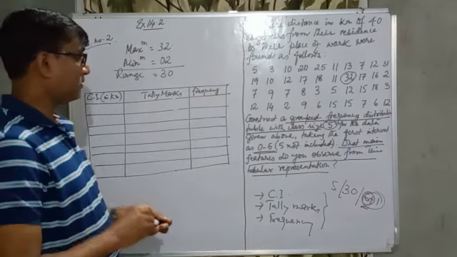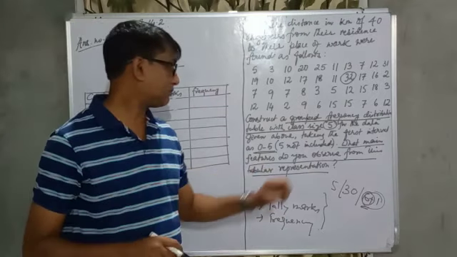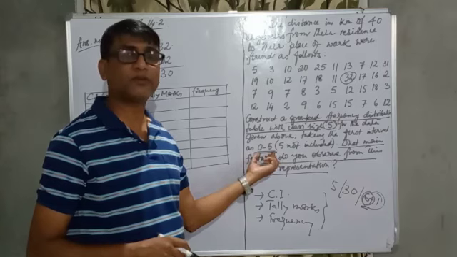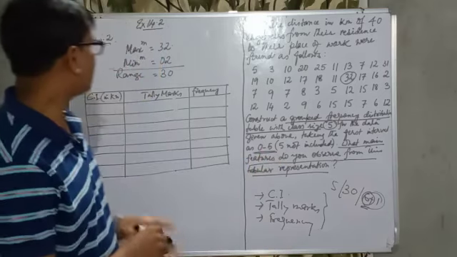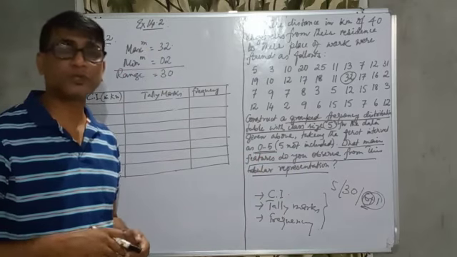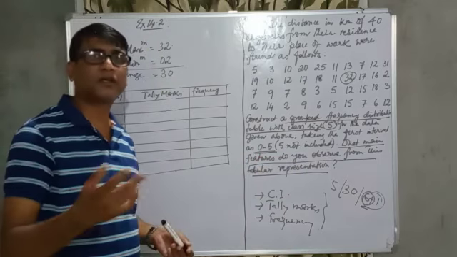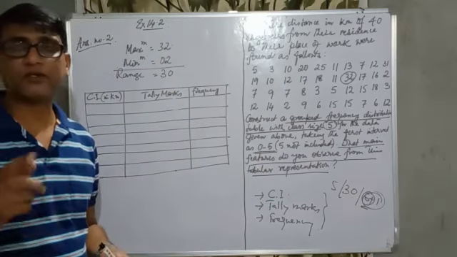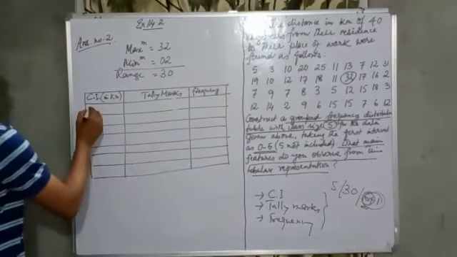Now see, if it is not given that the first interval is taken as 0 to 5, from where will we start? We will start from the minimum. The minimum is 2, so before 2 we can take a interval as 0 to 5. So we will start from 0 to 5.